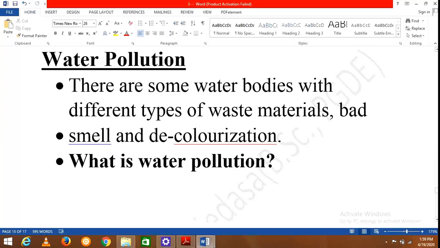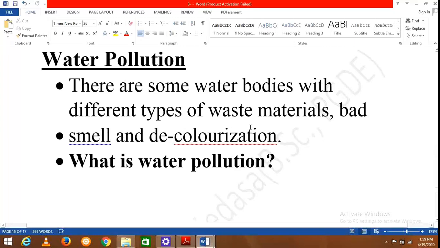So when we talk about the conservation of water, on the other hand, we have to mention water pollution. We have to stop pollution in order to conserve. So what are the ways by which water is polluted? There are some water bodies with different types of waste materials, and some of them release a bad smell or odor, and in some of the water bodies water is decolorized.